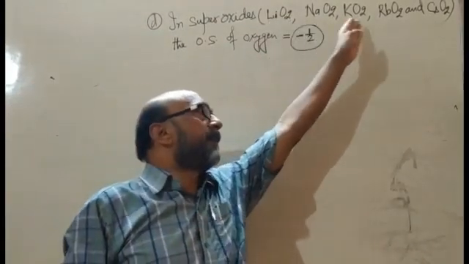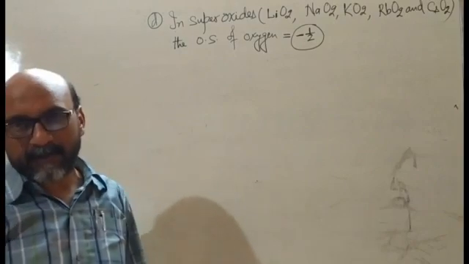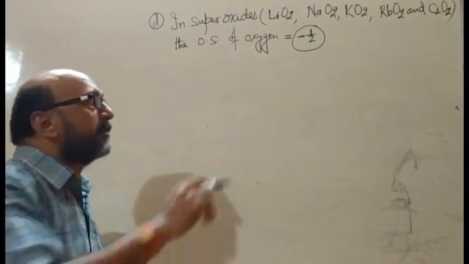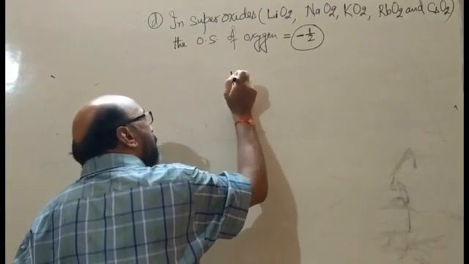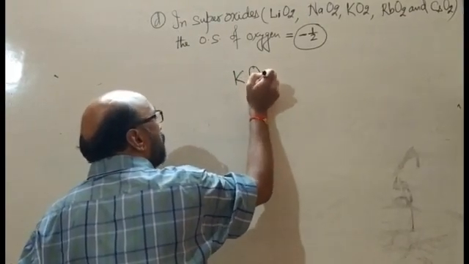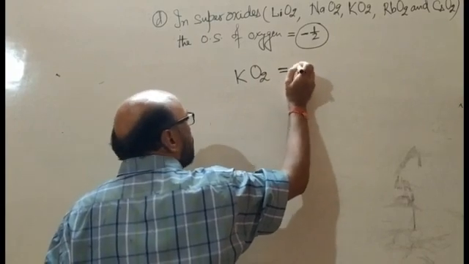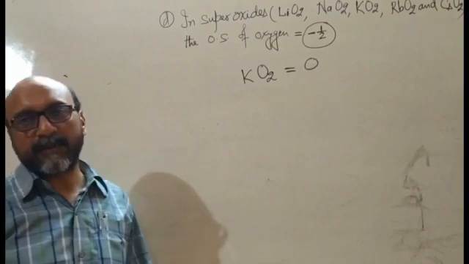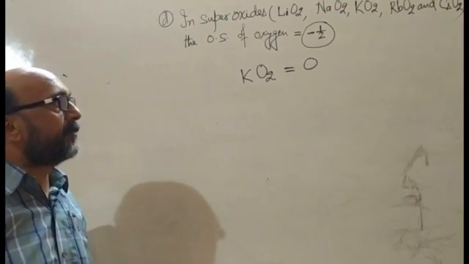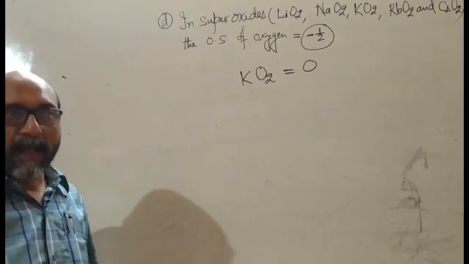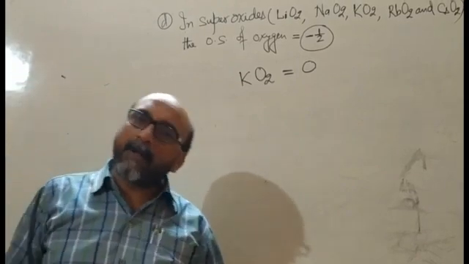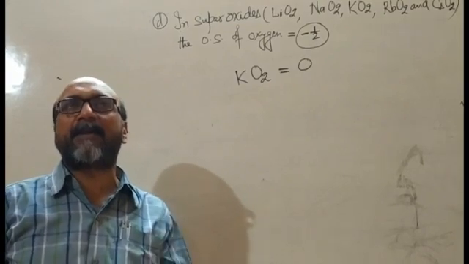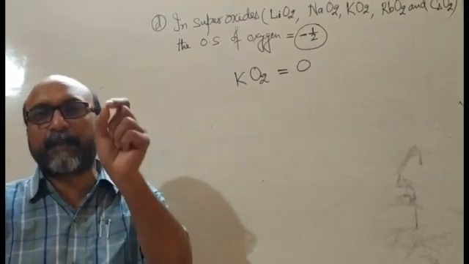You may take any of the 5 superoxides to decide the oxidation state of oxygen in it. Suppose we take potassium superoxide, KO2. It is a compound, therefore the total sum of oxidation states will be 0. And we have learned the oxidation state of alkali metals remains constant, that is plus 1.